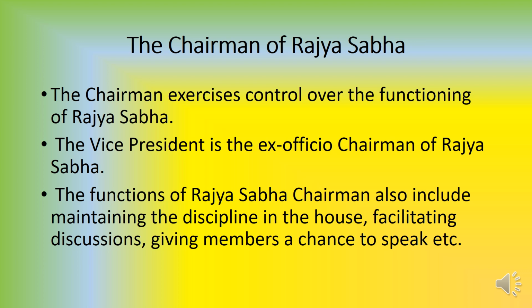What is his duty? His duty is again to maintain the discipline and the decorum of the house, facilitate or allow people to discuss their problems, and give each member a chance to speak. Sometimes a particular member of parliament speaks too much and consumes the time allotted to somebody else.